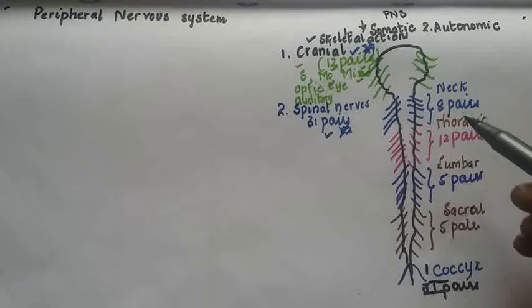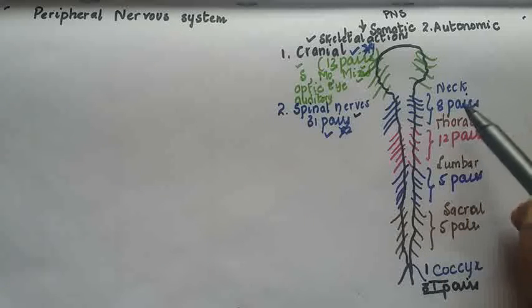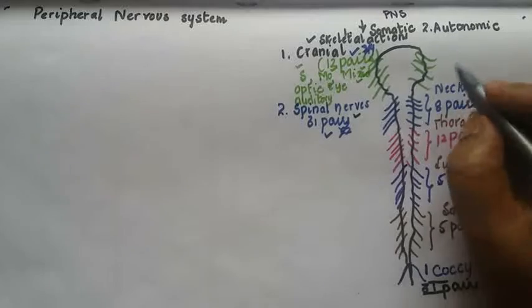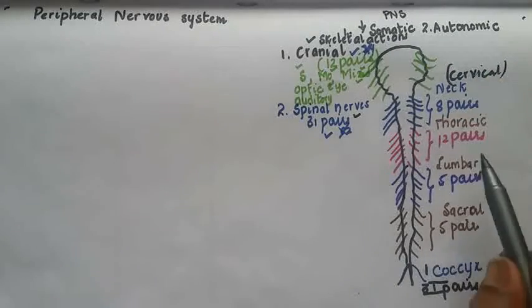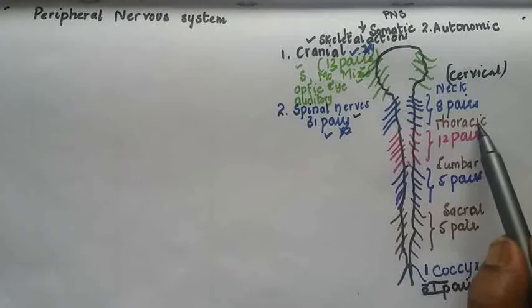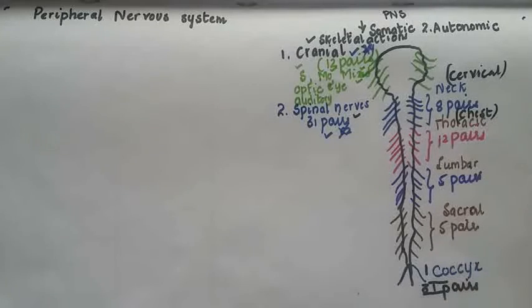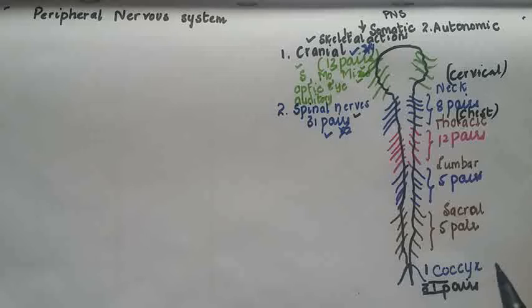So thus I can say that there are 31 pairs of spinal nerves, where we have 8 pairs of spinal nerves arising from the neck region, or what do we call it as a cervical region, followed by 12 pairs of nerves from the thoracic region, or what do we call it as a chest cavity. Then we have 5 pairs of nerves arising from the lumbar region, again 5 pairs of nerves from the sacral region, and 1 pair of nerve from the coccygeal region.